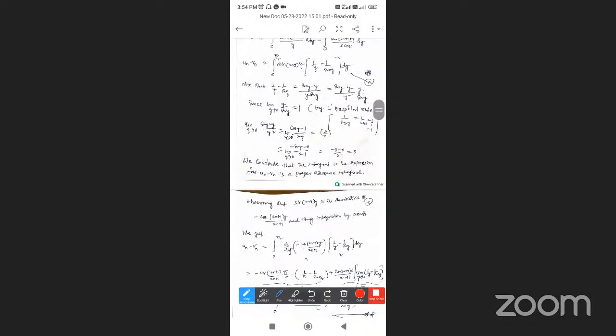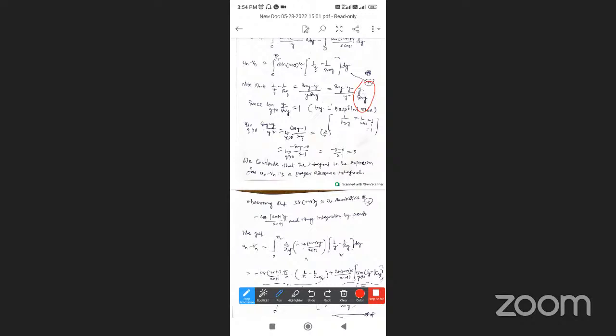Now let us simplify 1 by y minus 1 by sin y. Taking the LCM y sin y, it is sin y minus y by y sin y. So sin y minus y by y square into y by sin y, multiplying and dividing numerator and denominator by y by sin y.